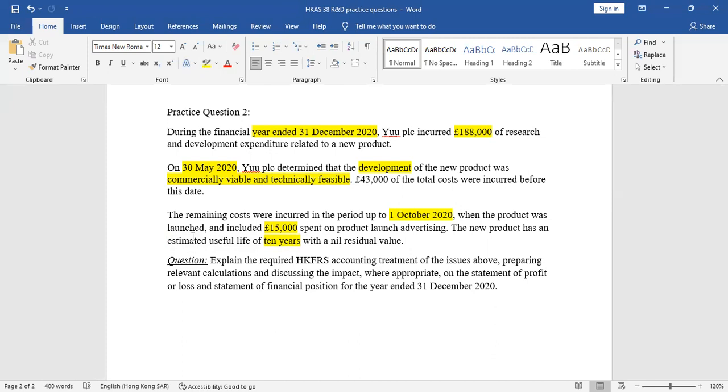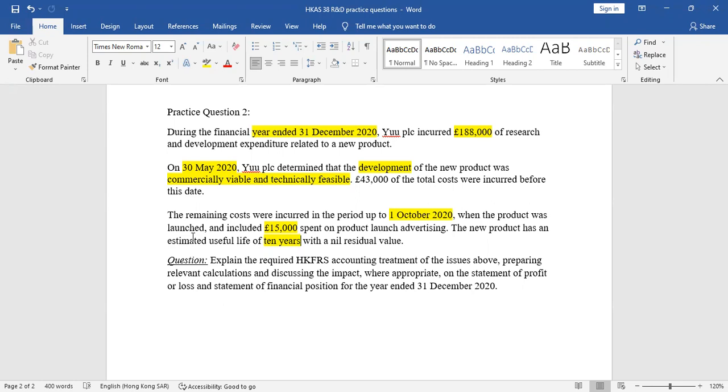The 43 plus 15 is something that will go on P&L. There will be depreciation as well. So first you will have to exclude this 43 and 15 from 188, and the remaining amount will be capitalized and divided by 10 as estimated.